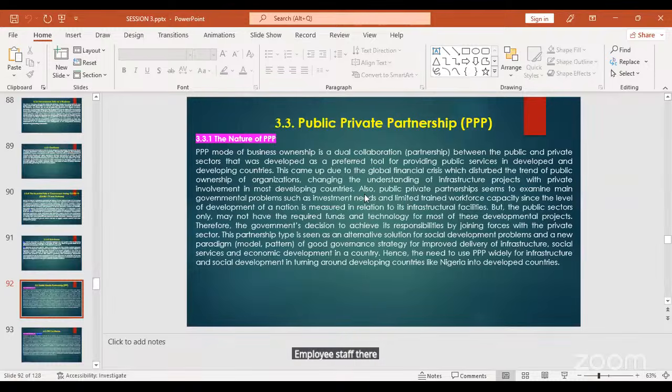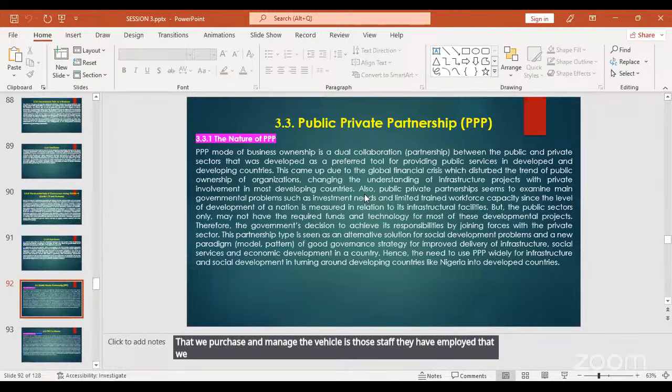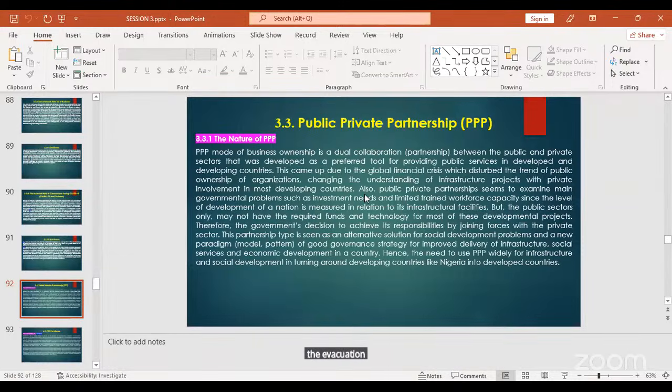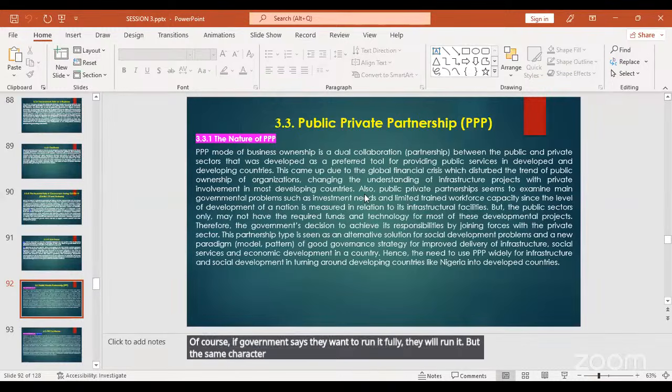Is those staff that will purchase and manage the vehicles? Is those staff they have employed that will oversee the evacuation of waste and deposit of those things in the dump site? Of course, if government says they want to run it fully, they will run it. But the same characteristics that you see in corporation and enterprise also manifest there.